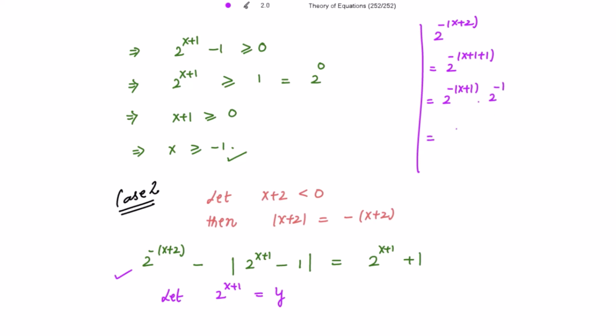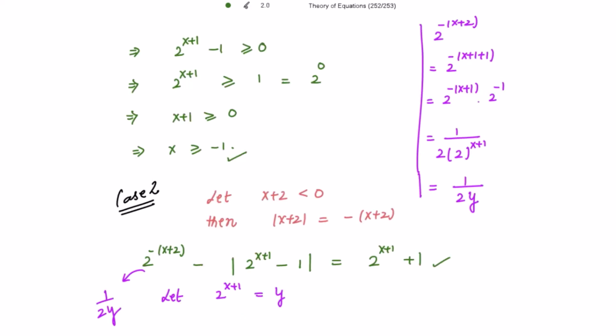Taking this to the denominator, we get 1 divided by 2·2^(x+1). Further, we put 2^(x+1) as y, so this is 2y. So this first term is equal to 1/(2y).